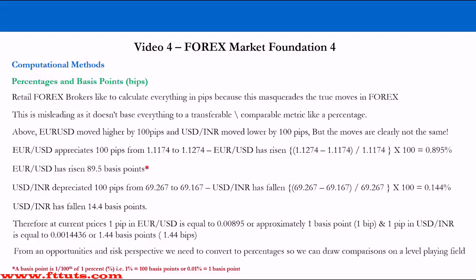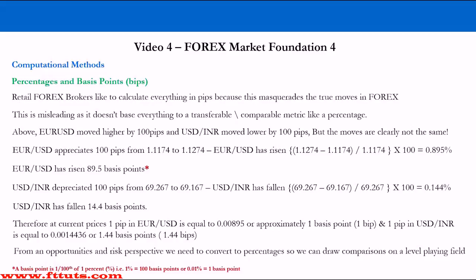And when we compare this euro dollar move in basis points to the dollar rupee move, we can see the euro dollar move was actually a much bigger move. So when we look at dollar Indian rupee, the percentage move was spot 0.144%, or 14.4 basis points. So the current price, if you work it out in euro dollar, we can work out from that what 1 pip is equivalent to in basis points.